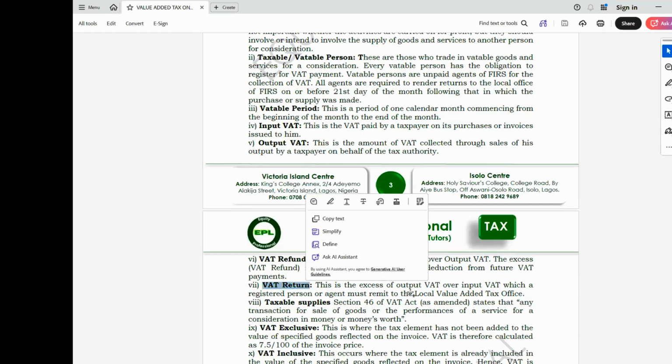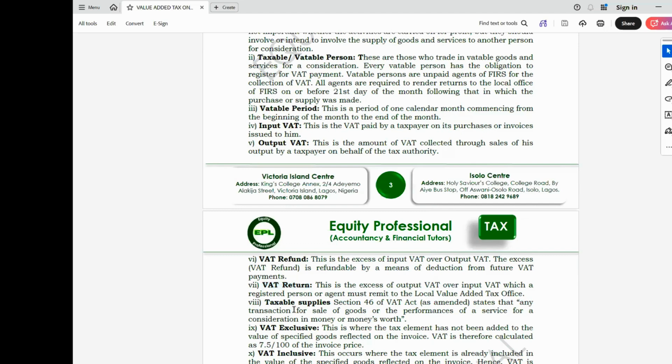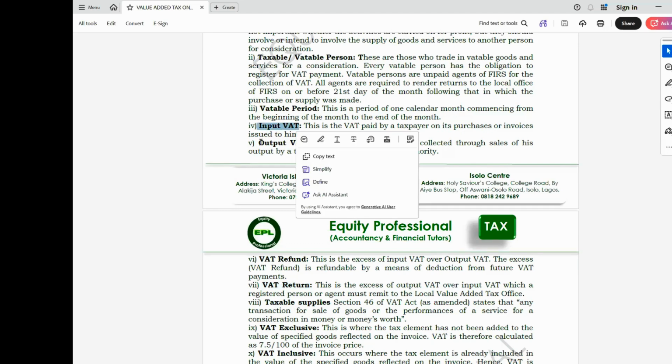So that is the excess of your output VAT over your input VAT. That is the amount of VAT you are expected to remit to the relevant tax authority when your output VAT is more than your input VAT during a VATable period.